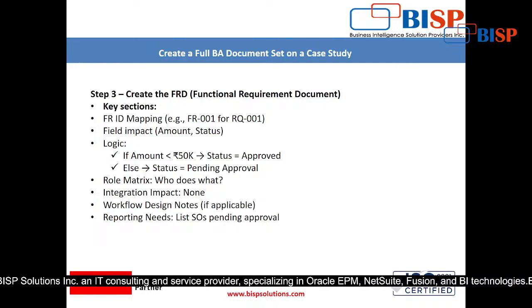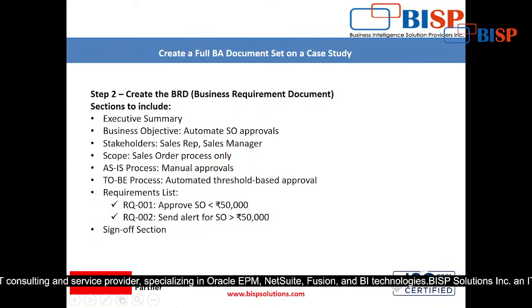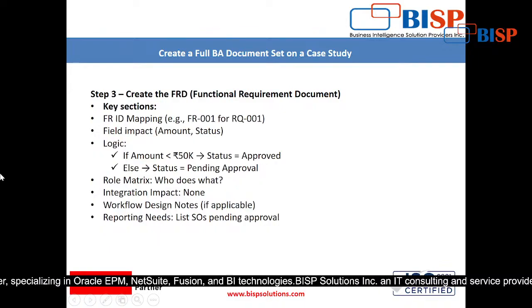Now, functional requirement document. What is this functional requirement document? Now look at this. First requirement is approve if it is below 50,000. Second is send alert if it is greater. Now see here in FRD, functional requirement ID mapping, FR1, functional requirement 1 for requirement 1. So amount and status, field impact. Here you are creating a functional requirement document, and these are the key sections.